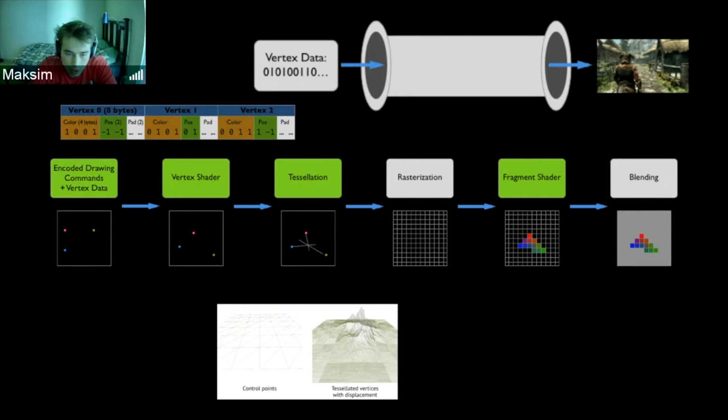You can see here I have a little picture. It's basically like if you want to model terrain, instead of just sending all these vertices, all this data to the GPU, you can actually make the GPU come up with the vertices for you. So instead of sending all this data, you let the GPU generate the data itself.